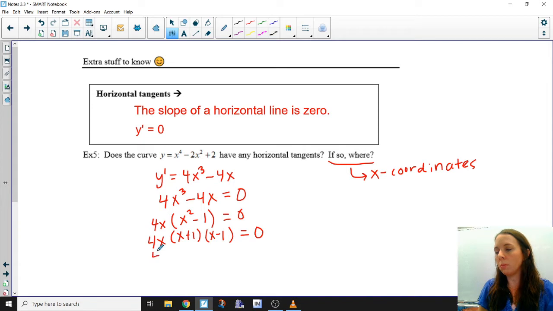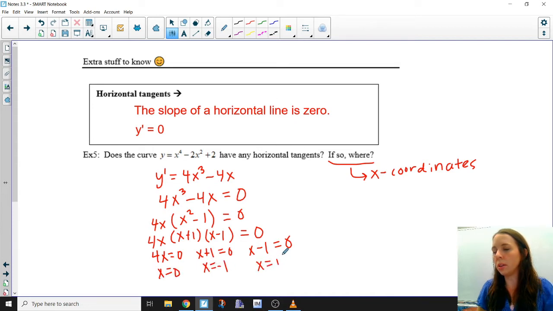But either way, we're setting each factor equal to 0 and solving for x. We get x equals 0, x equals negative 1, and x equals positive 1. Those are the points along this function's curve that would have horizontal tangents.